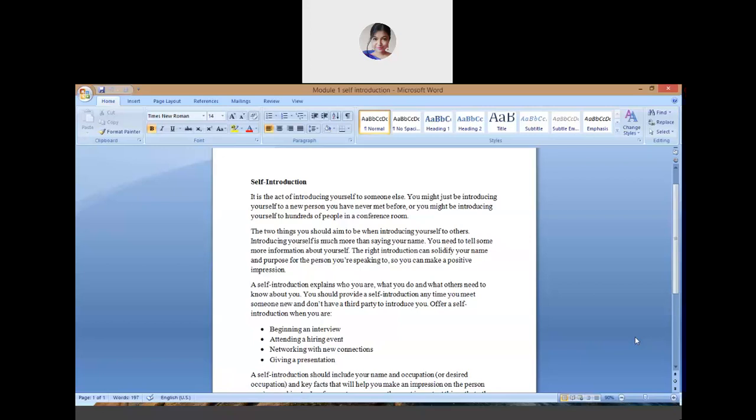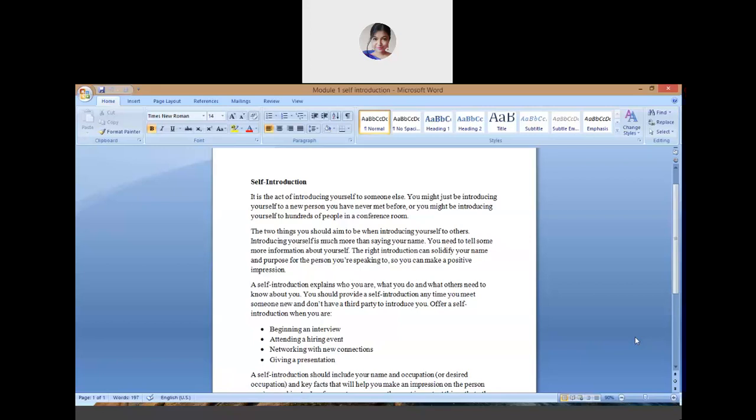Especially, you are supposed to add all these points when you are asked this question in an interview, when you are attending any hiring event, when you are introducing yourself in a formal environment. So you are supposed to add these details.